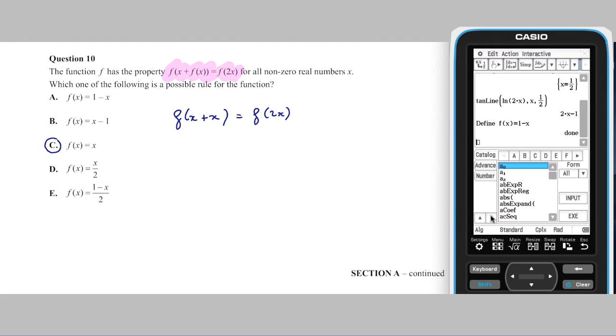This can be found in the catalog menu. The undefined response tells me that this is true for some values of x, but not for all values of x, hence it is not our answer.